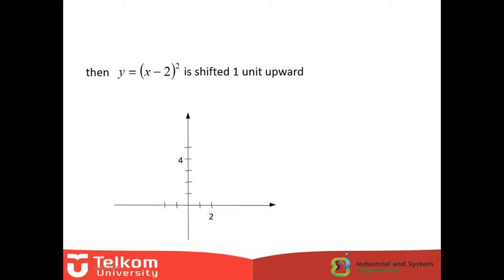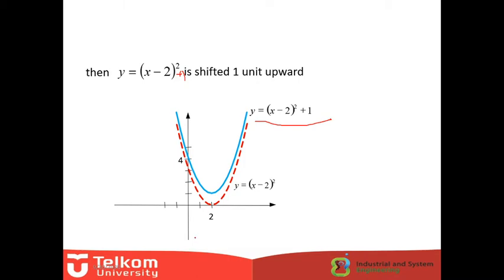Here, (x - 2) square, then plus 1, so we have this one. y equal x square plus 1 should be shifted by 1 unit upward.